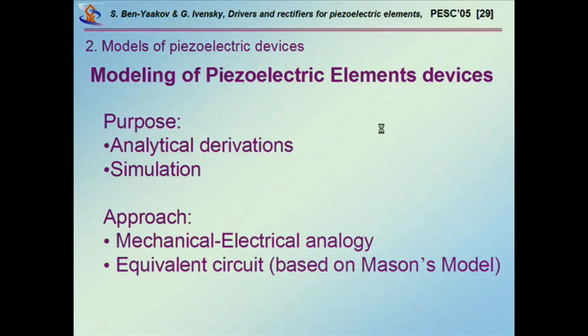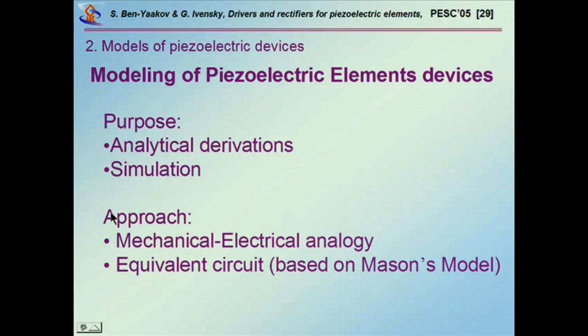Now, the next thing that we are going to, according to the program I've outlined, is going into the modeling issue. Now, we need the models in order to do some analytical derivation of the electrical properties. And obviously, we'd like to have models that can be run with electronic circuit simulators like SPICE and others.